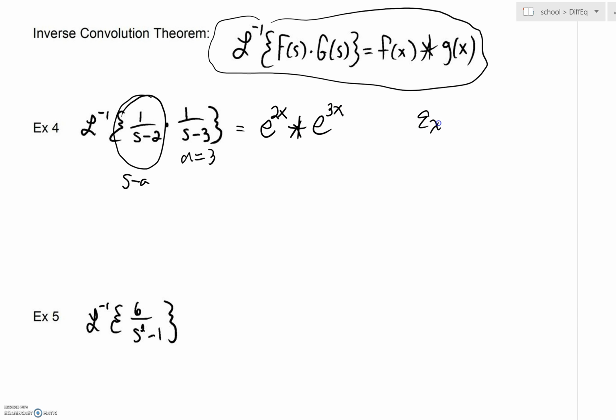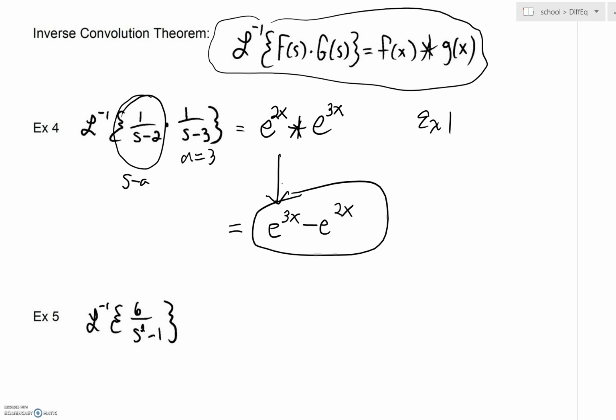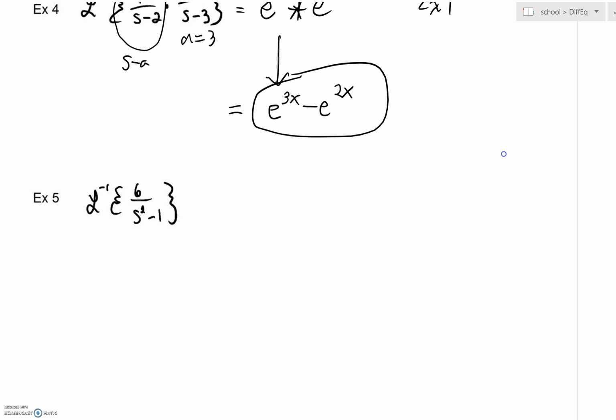But this is really from example 1 on the front page, and we saw that if we worked that integral out, we'd get e to the 3x minus e to the 2x. So rather than work that out in its entirety, we're going to be able to just refer back.